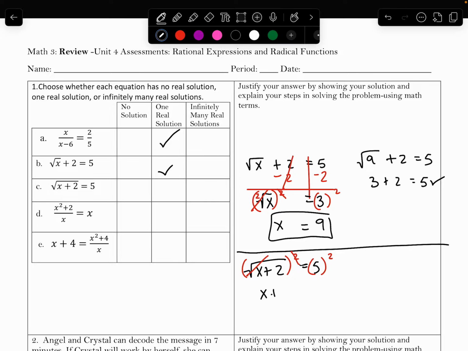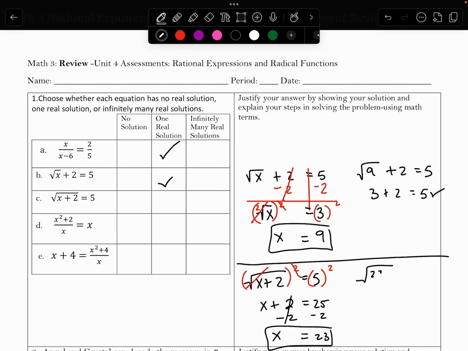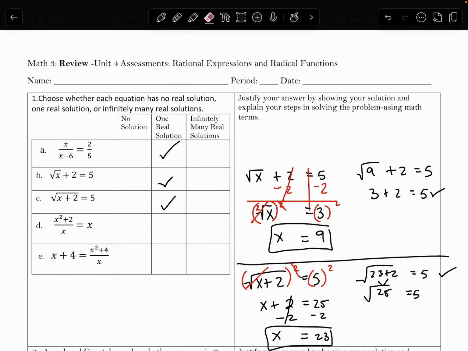So now we have x plus 2 equals 25, minus 2, minus 2, x equals 23. So then we get square root of 23 plus 2 equals 5, and that is correct. Right? That's 25. Square root of 25 is 5. So there's one solution.